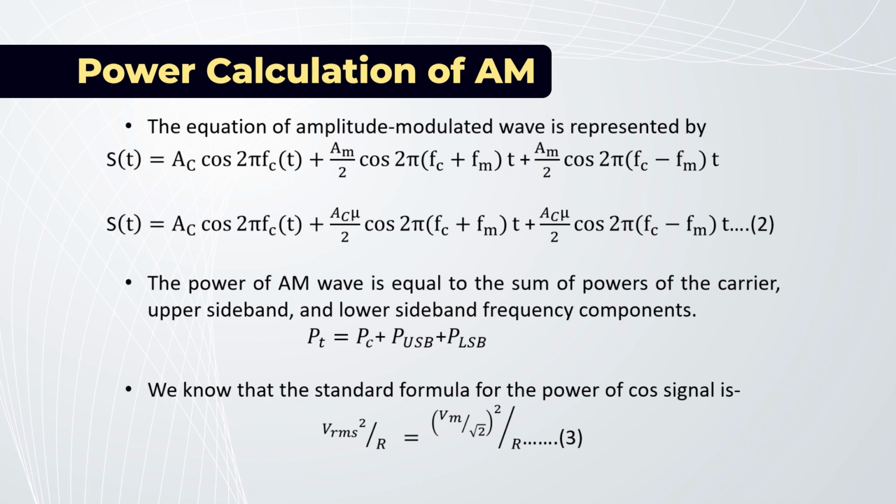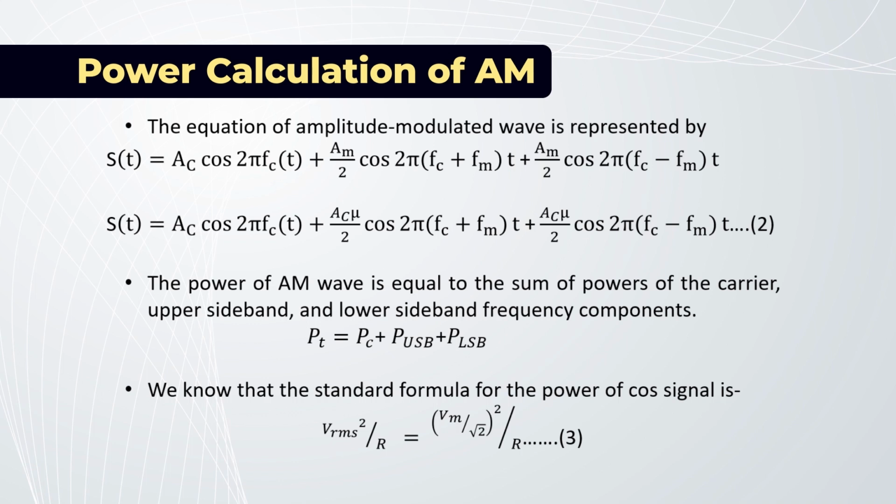The power of the AM wave is equal to the sum of carrier power, upper sideband power and lower sideband power. So, the total power PT will be the summation of these three, which is total power is equal to carrier power Pc plus upper sideband power P_USB plus lower sideband power P_LSB.